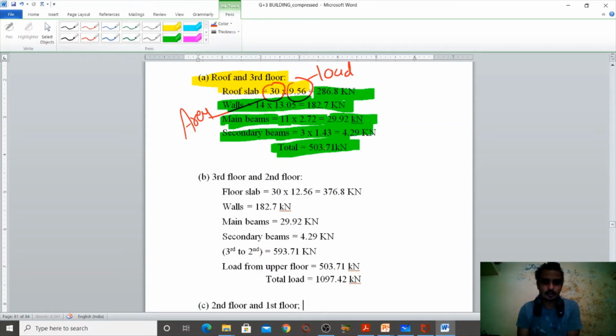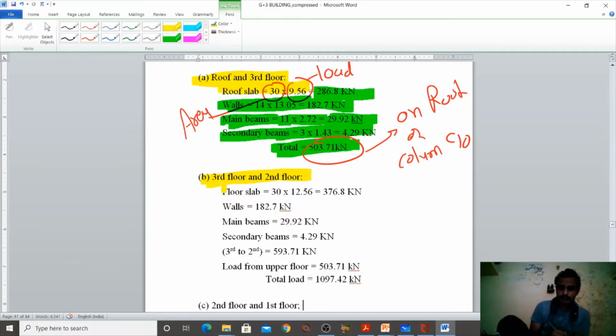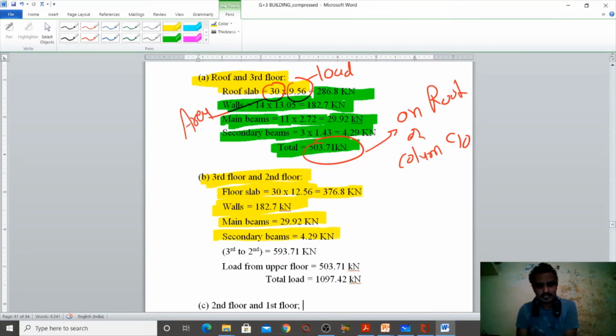These are the total load on the roof of column C10. Third floor and second floor: floor slab 30, the load is different, 376.8, wall is 182.7, main beam same, secondary beam same, and from the upper floor 503.71 kilonewton.